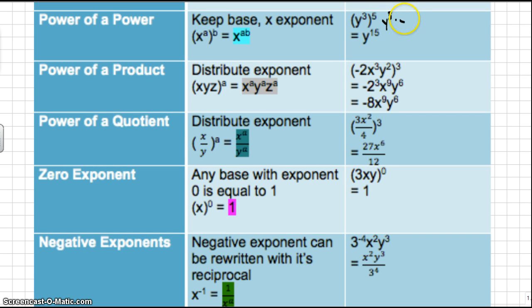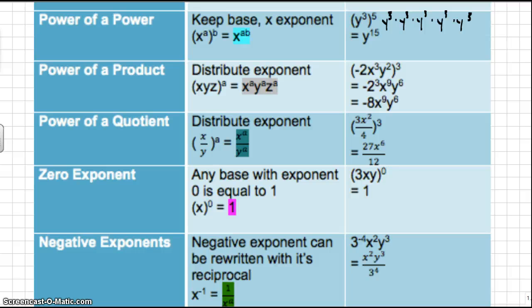Y to the third times y to the third times y to the third times y to the third, and one more time. There's 5 y to the thirds. Well, now I can use the product rule, and I see that I have the same base, so I'm going to add exponents. It's 3 plus 3 plus 3 plus 3 plus 3, or 3 times 5. So y to the 15th.